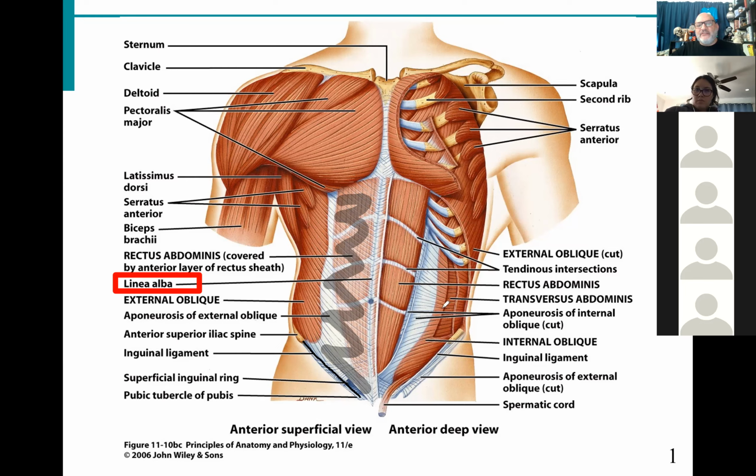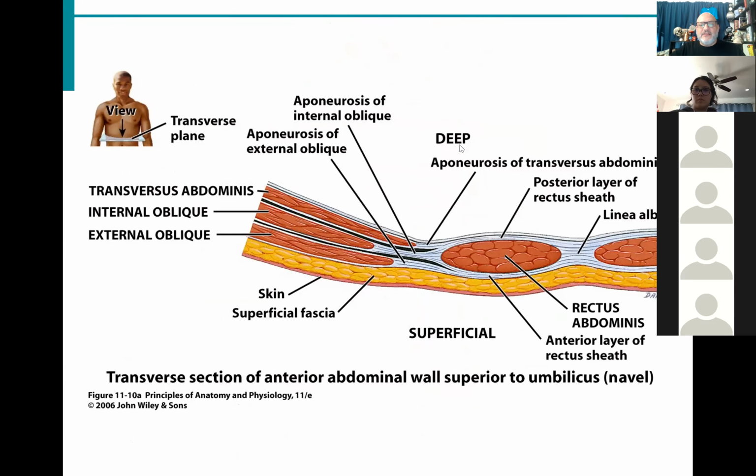What's interesting is all three of our lateral abdominal muscles actually have aponeuroses. Your book does a really great job of showing this in a cross-section view. Notice in this cross-section view, we see again that aponeurosis of the external oblique that is on top and goes over the top of the rectus abdominis muscles. But notice deep to that, both the internal oblique and the transverse abdominis have aponeuroses.